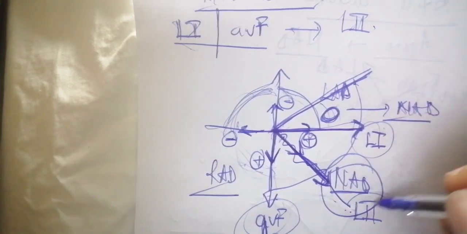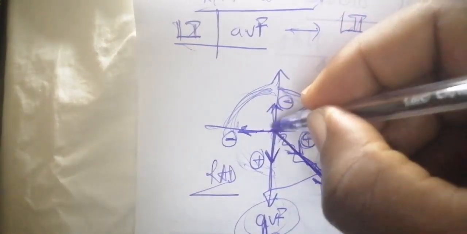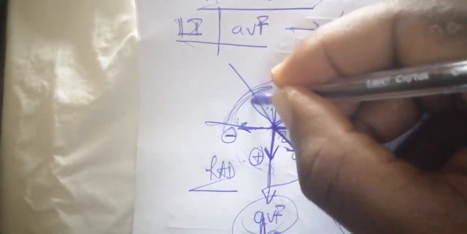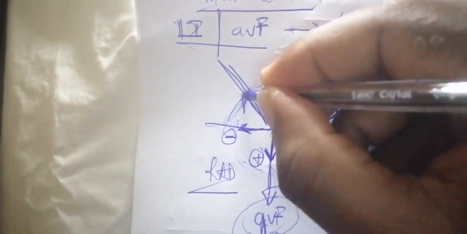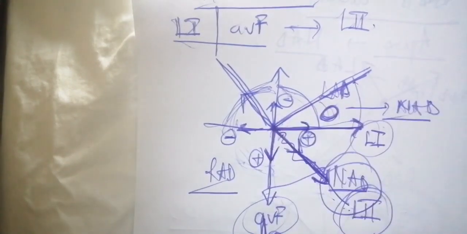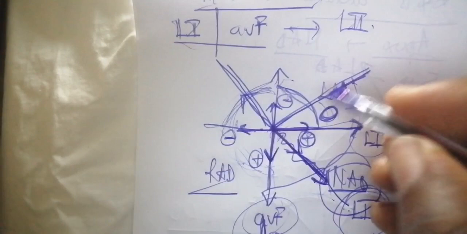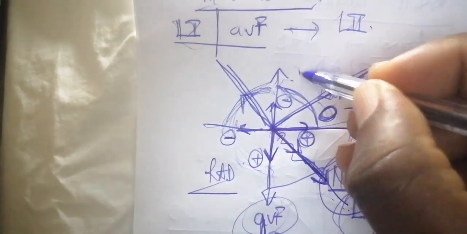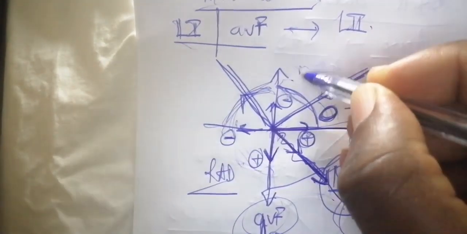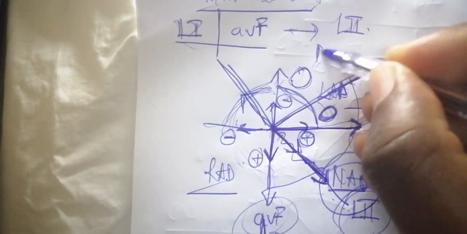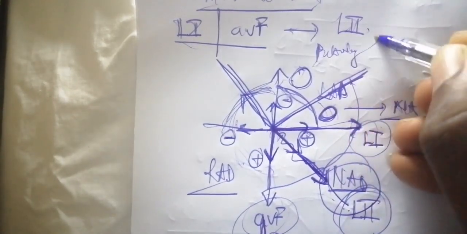Is it clear? But now if you use limb lead 2 and it is negative, negative is going to move in the opposite direction, meaning that it's going to be in this quadrant, but much more upward than downward. And if it is located upward here, it corresponds to a pathologic left axis deviation.